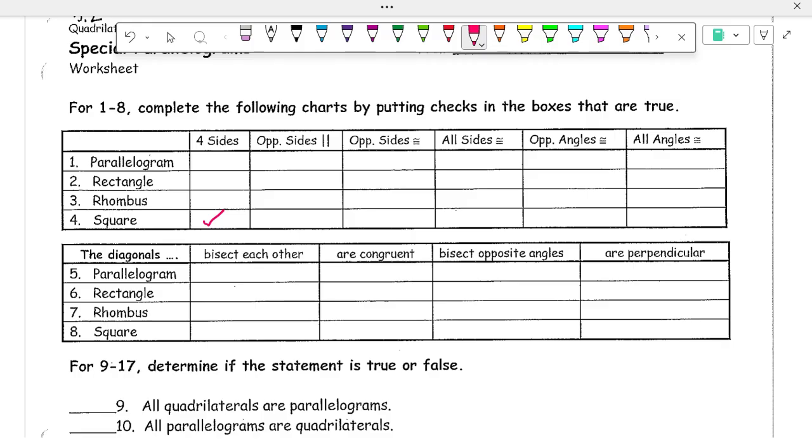Perpendicular means they cross at 90 degrees. Oh, they just bisect each other. So can't we just check all of them? I think so. For square, yeah, it's like that.